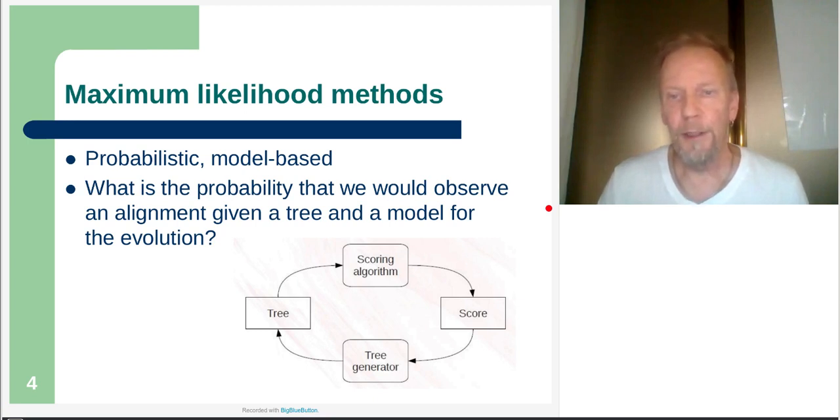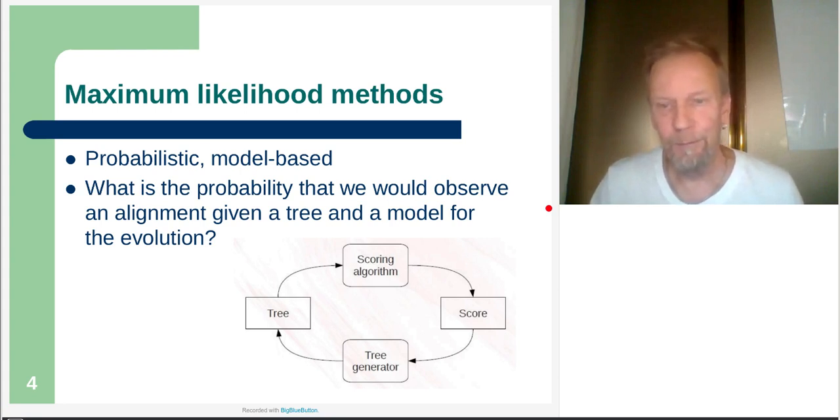So we are looking at a kind of conditional probability of the data given the theory. So let me repeat it again. It's a weird and complicated concept, even if it's a short sentence, but we are trying to maximize the likelihood of observing the alignment given the tree and the model and its parameters.